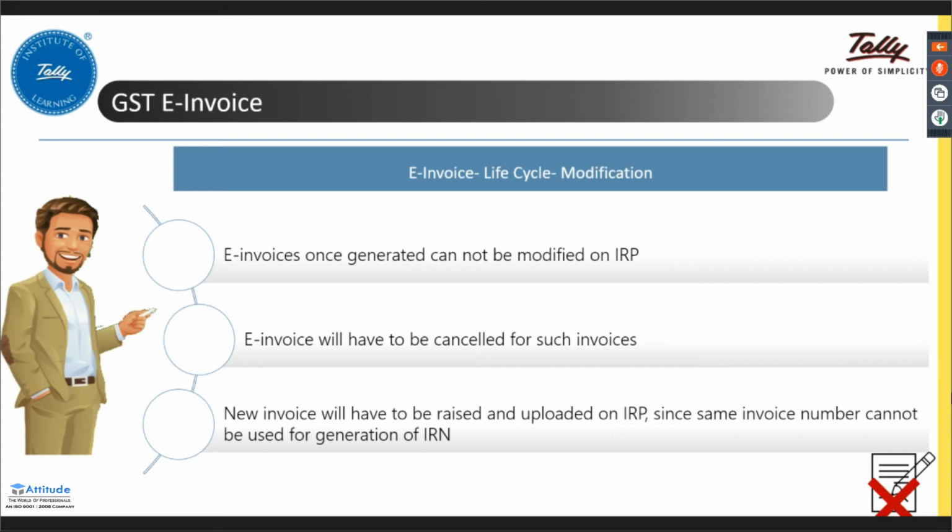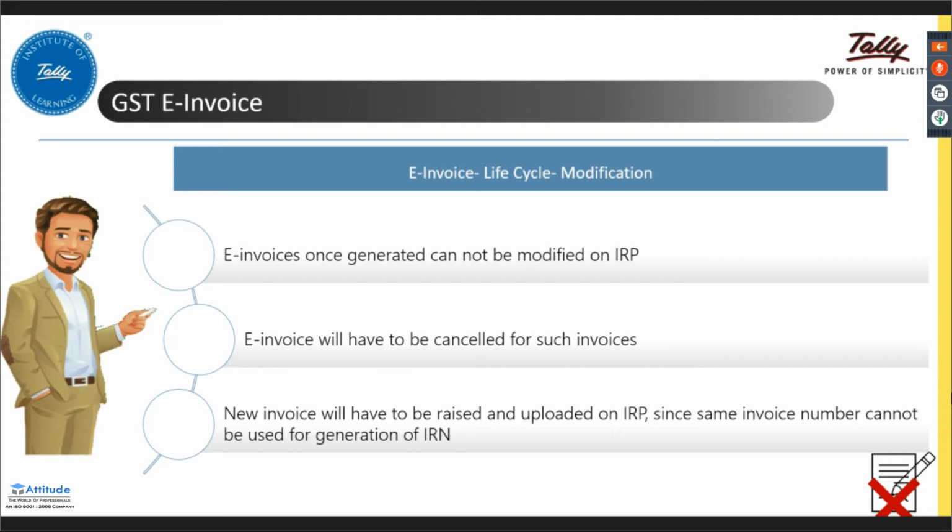So for any modification required, the e-invoice must be cancelled and then generated again. Modification is not possible, and the new invoice will have to be raised and uploaded on IRP, since the same invoice number cannot be used for generation of IRN.